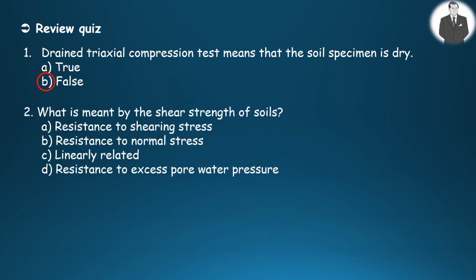The second question, what is meant by the shear strength of soils? Be careful. Which one? Another option? No idea? Okay then. The answer is A, resistance to shearing stress.